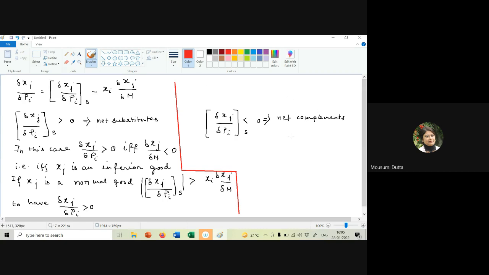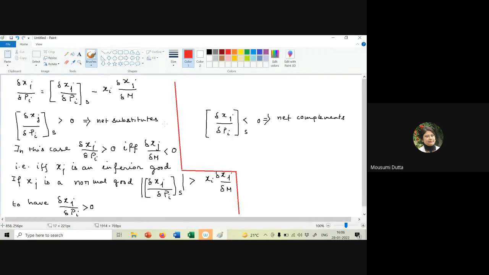Now, net complement will also indicate the left hand side will also be negative if del xj by del m is positive. So for the normal commodities, unambiguously we can state net complementarity indicates gross complementarity. However, if the commodities are inferior, in that case, the absolute value matters.